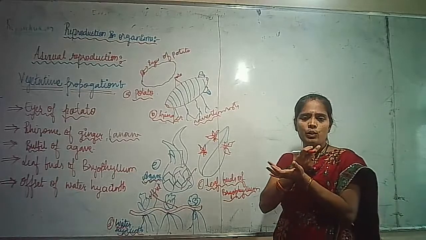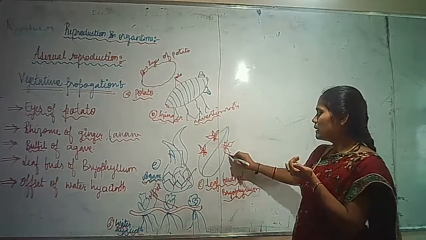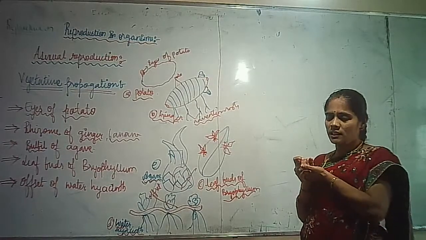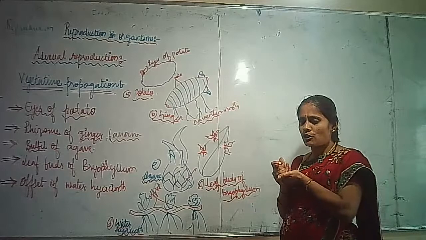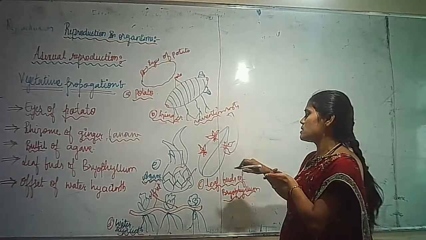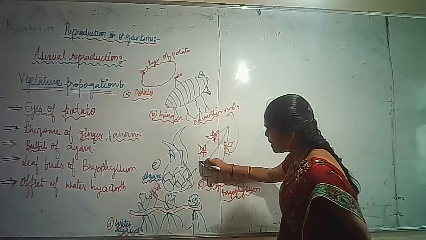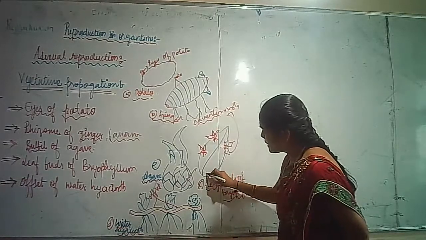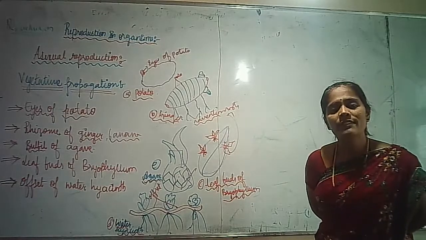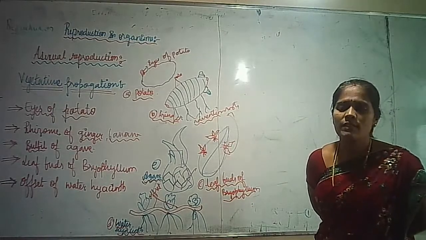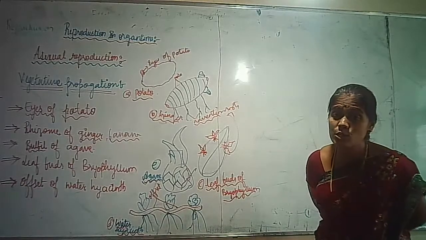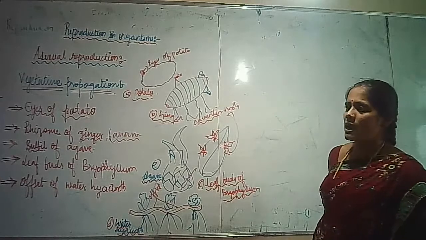Just now I told you, my dear students, that roots which arise not from the radicle but from a different part of the plant body are said to be adventitious roots. So the whole marginal line of the leaf is covered with adventitious buds, which form the vegetative propagule or vegetative unit of the plant.